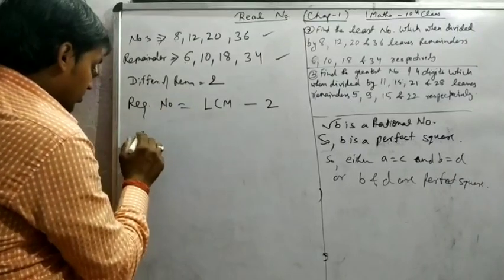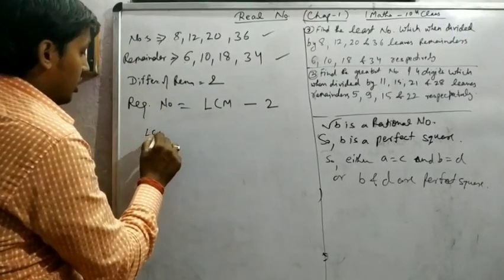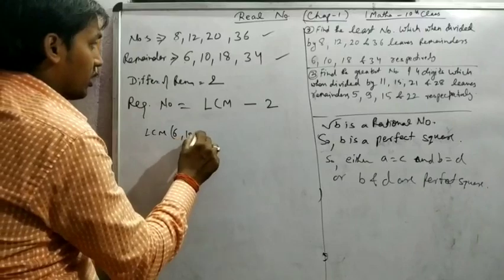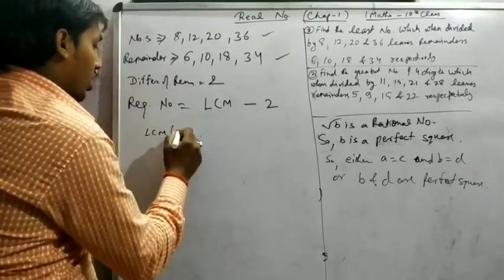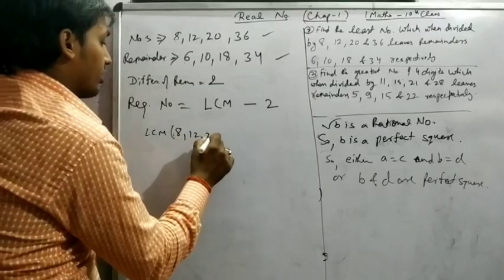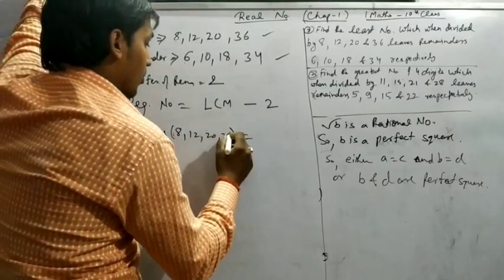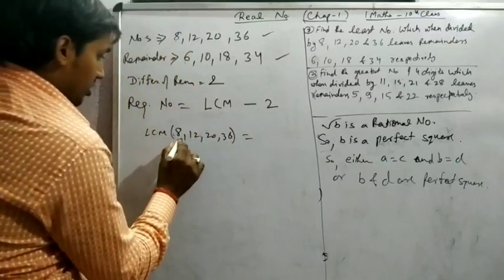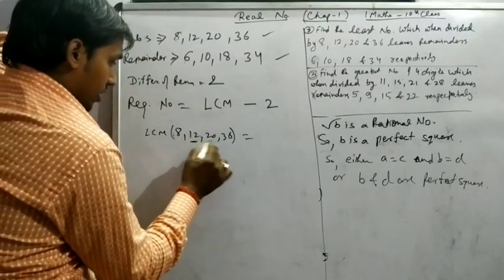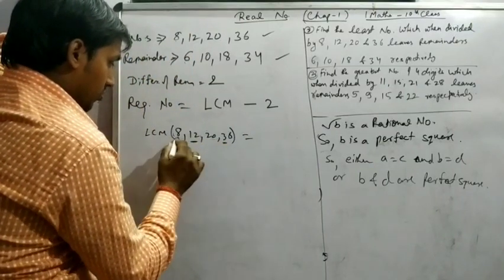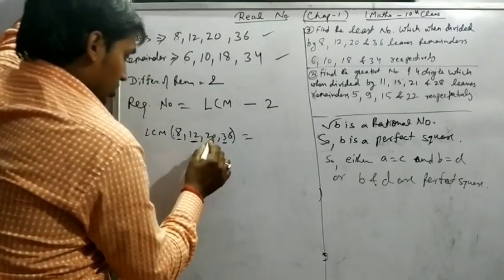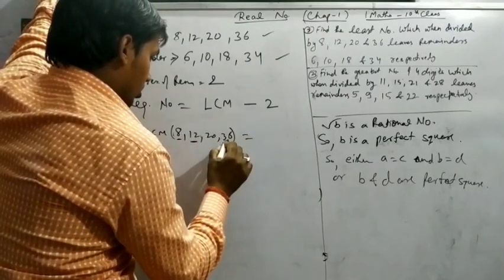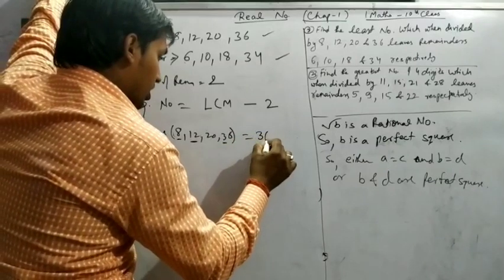So what is the LCM of 8, 12, 20, 36? 12 cancels out. 36 means 3, 2, 5, 360.